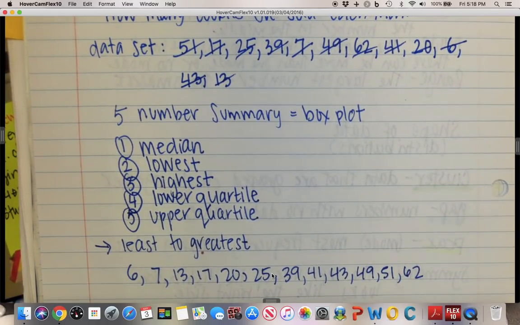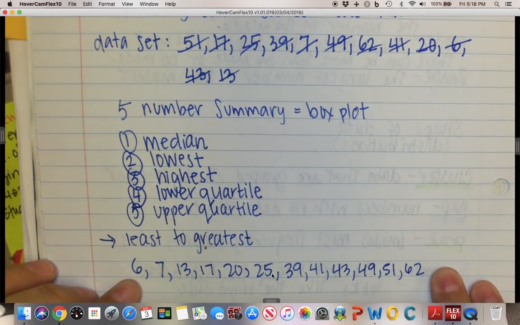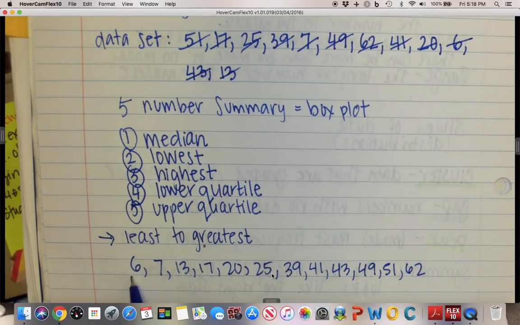I just want to make sure down here that I still have 12 pieces of data because that's what I started with.